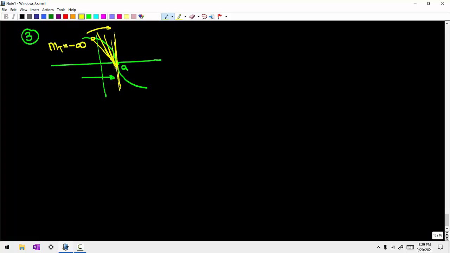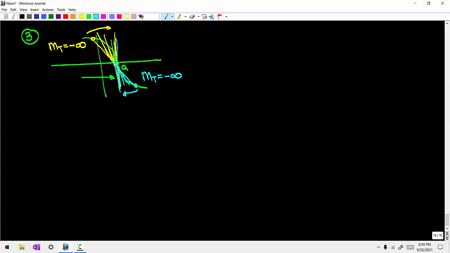Now if I come from the right, if I pick a point and draw a secant line and keep sliding it down, I'll still get another vertical line here. So my slope is also going to be infinite, except this time it's still negative infinite, because the lines are going down, so the slopes will be negative, getting bigger and bigger.